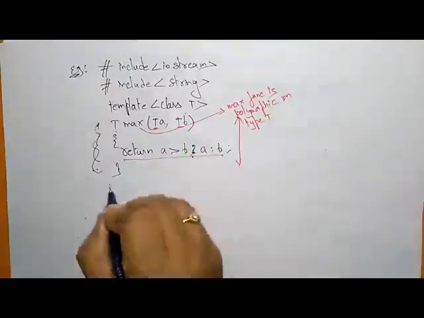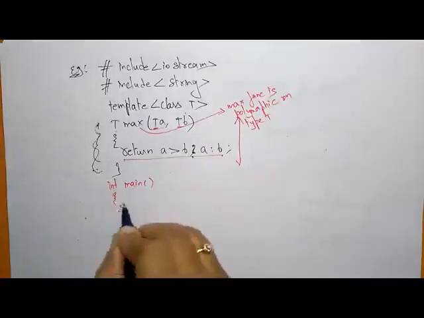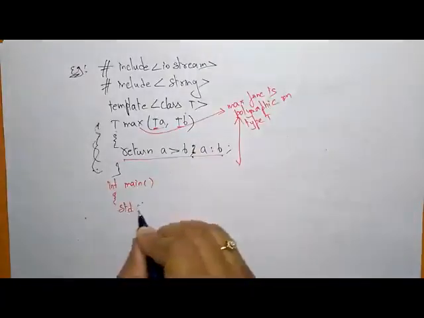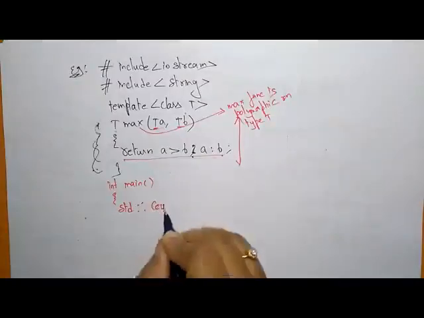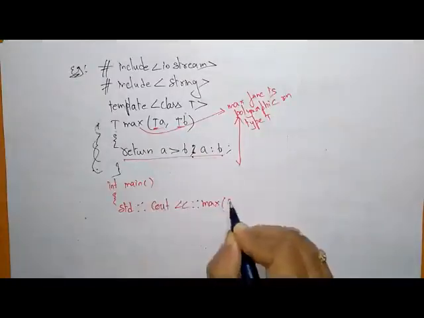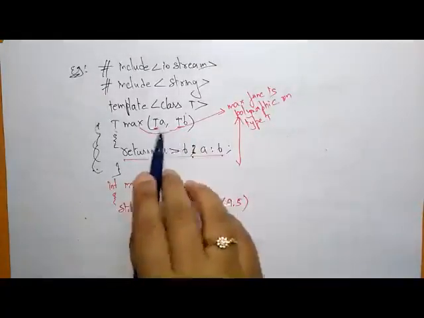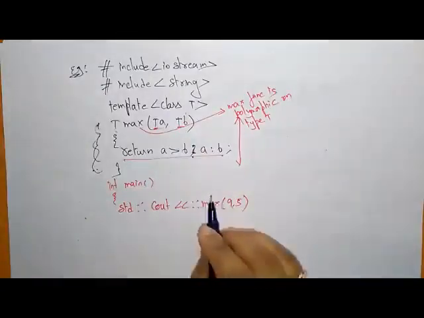So now coming to the main program, int main. std is a namespace name, so calling it, here printing cout. So I'm entering the values maximum 9, 5. Whenever I enter 9, 5, the 9, 5 is nothing but the integer data type.